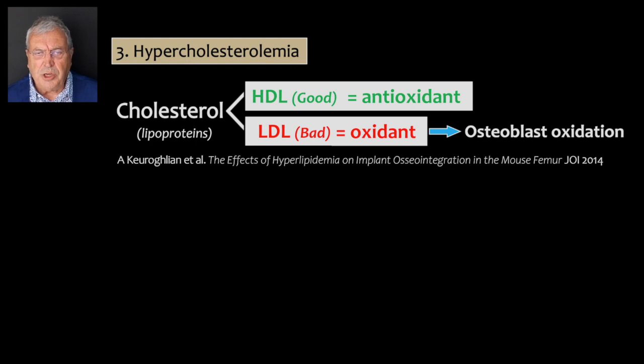What is the relationship between osteoblast and cholesterol? The metabolism of the cholesterol occurs mainly in osteoblasts. And this is why if the cholesterol, the LDL, is high, it will induce osteoblast oxidation.